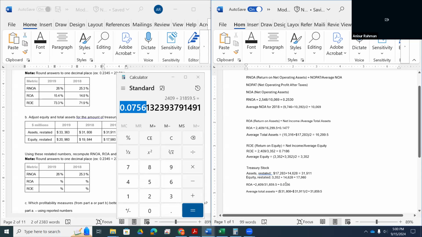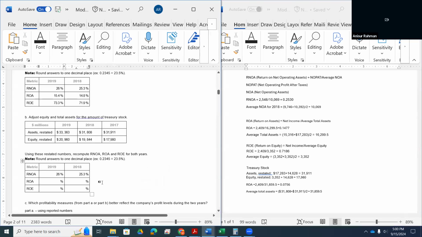With one decimal place, that should be 7.6% for 2018. Following the same process, you should get 7.3% for 2019.